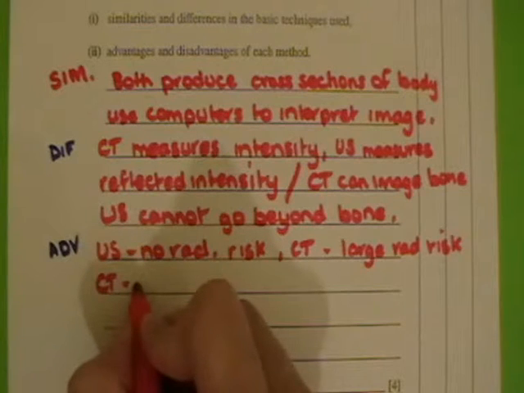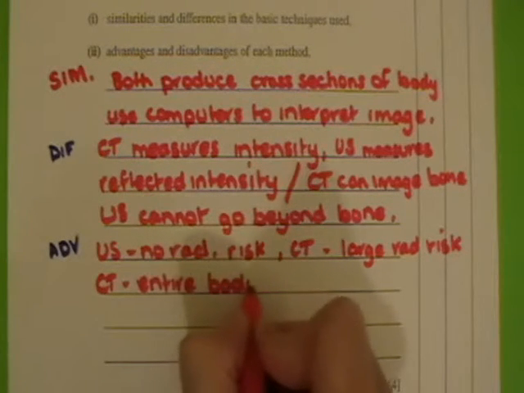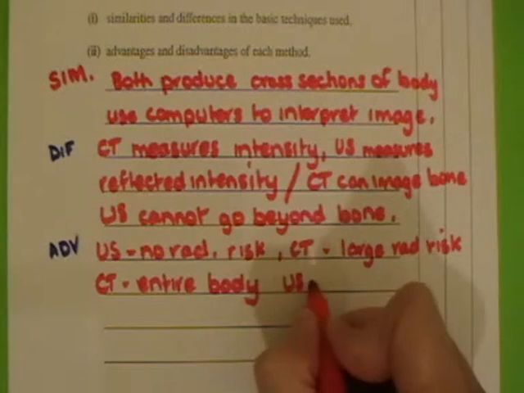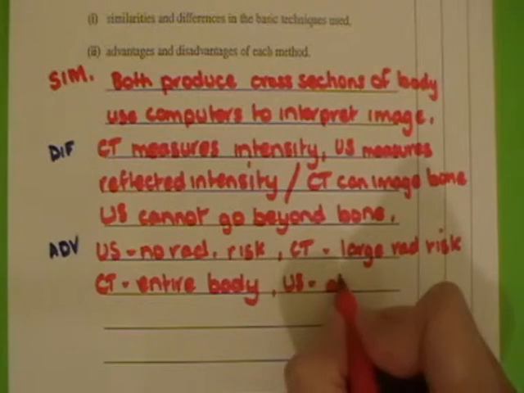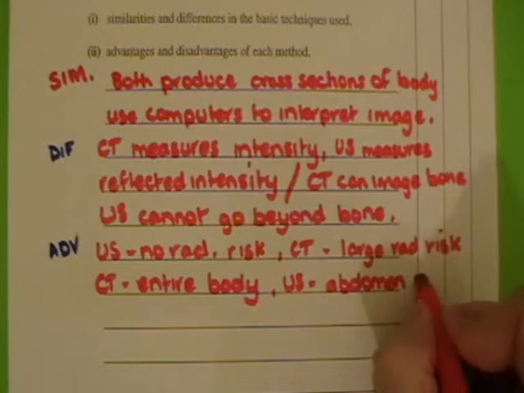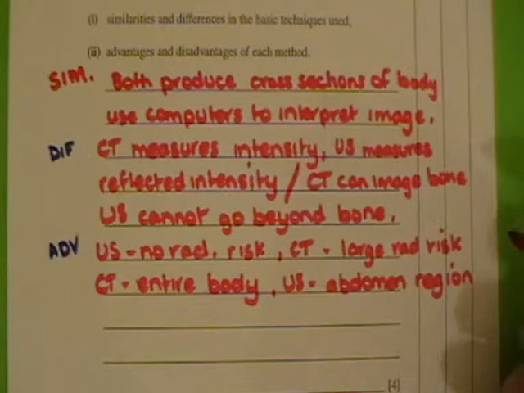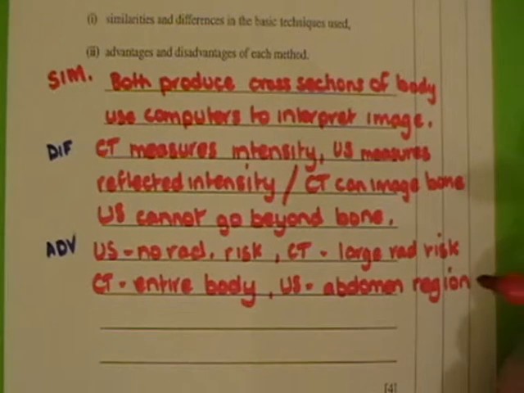CT can do the entire body, bones and all, but ultrasound is really only good for your abdomen region, and the problem is, of course, your ribs and all your big bones, and there's no other soft part of the body which ultrasound can be used on. It's really that abdomen region. Once the sound starts hitting the bone, it can't travel on through.